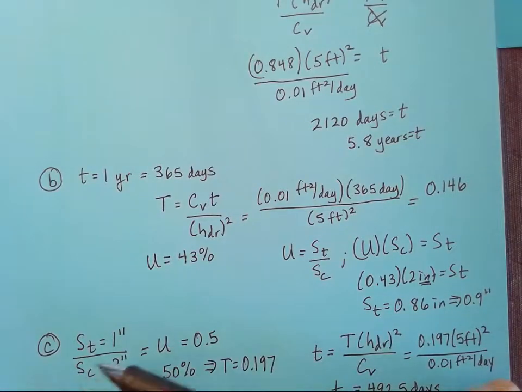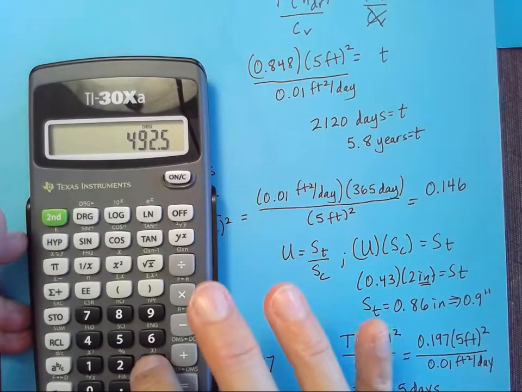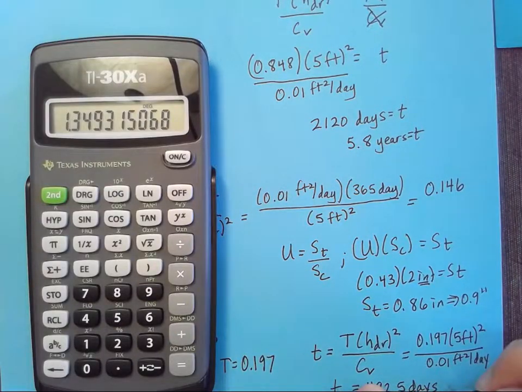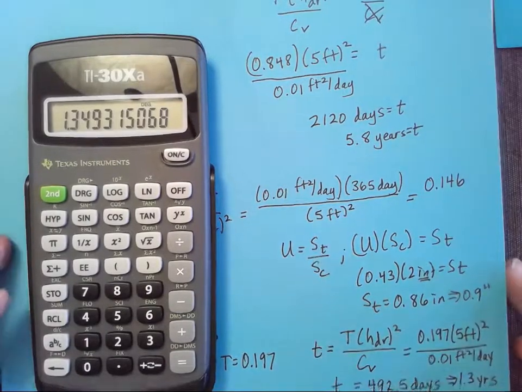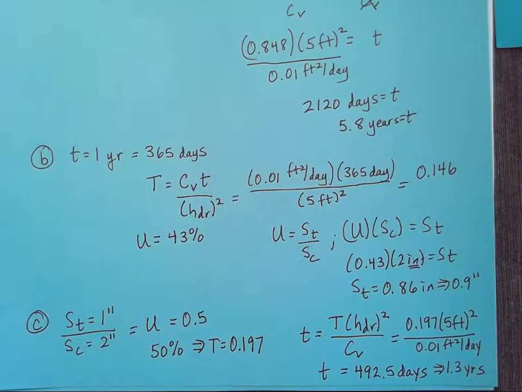We want to get to 1 inch consolidation, which is about 50% of it. So it's going to be 492.5 days. Let's see how much over a year that is. So I'll just divide that by 365. That's like 1.3 years. So a little over a year to get to that 1 inch of settlement, or 50% consolidation.